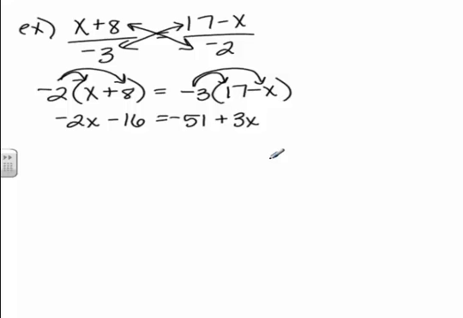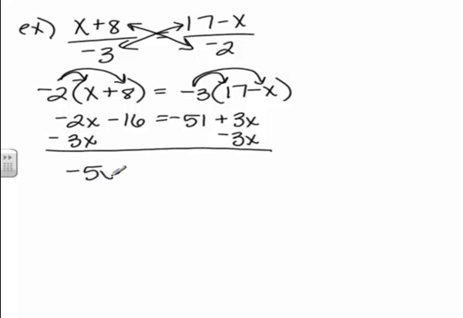Now let's get our letters on one side. I like to take them to the left. So I'm going to subtract 3x from both sides. And I get negative 2x minus 3x is negative 5x. I'm going to bring down my negative 16 and negative 51. Just do one thing at a time. To get this one away, I'm going to add 16 to the other side.